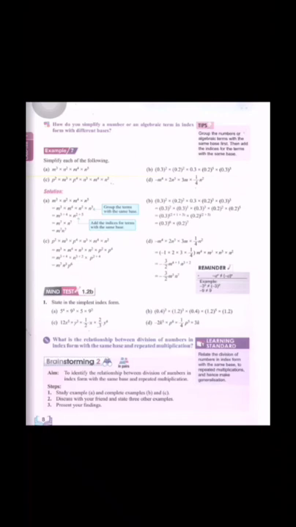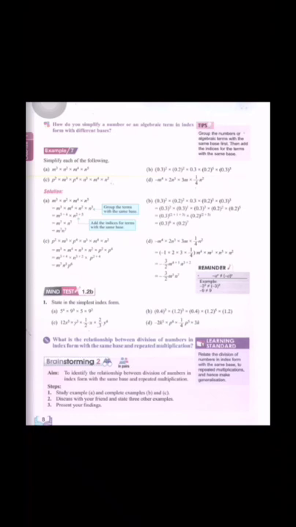Okay, C, p to the power of 2 times m to the power of 3 times p to the power of 4 times n to the power of 3 times m to the power of 4 times n to the power of 2. So we group the terms with the same base: p with p, m with m, and n with n. So m, we have the power of 3 plus 4. Then n, we have the power of 3 and 2.